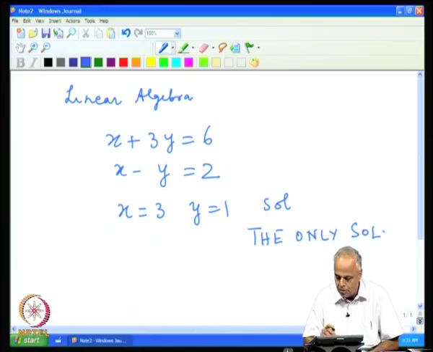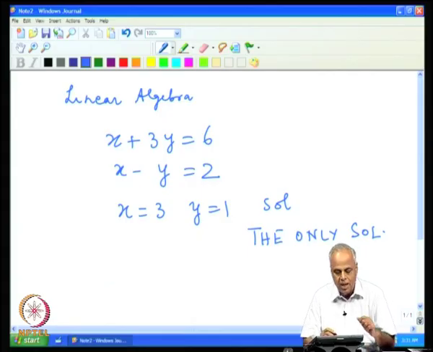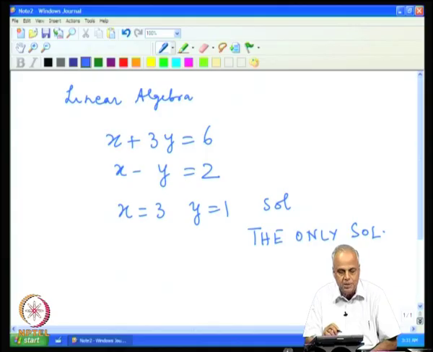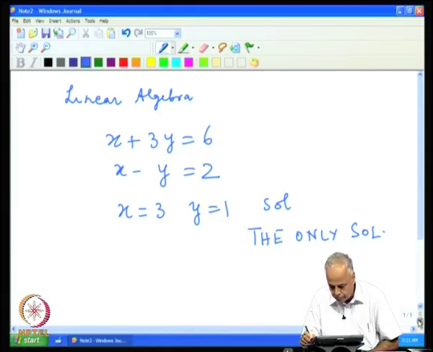We can also geometrically interpret this as the intersection point of two lines, one of which is represented by the equation x plus 3y equal to 6, the other by the equation x minus y equal to 2, and (3, 1) are the coordinates of the point of intersection of these two lines.